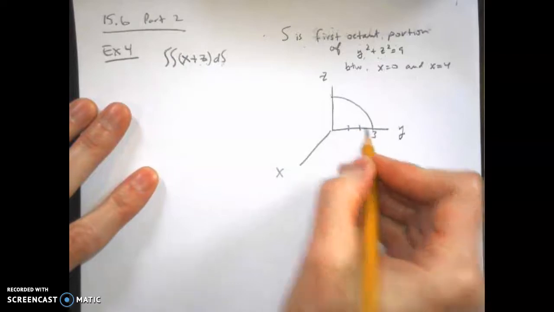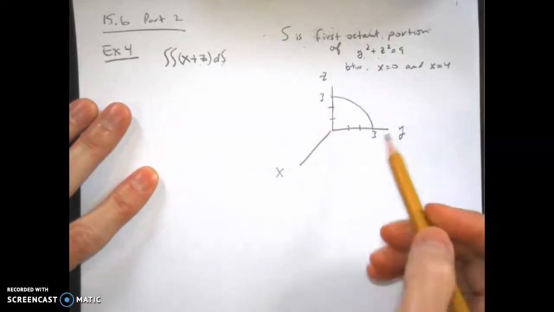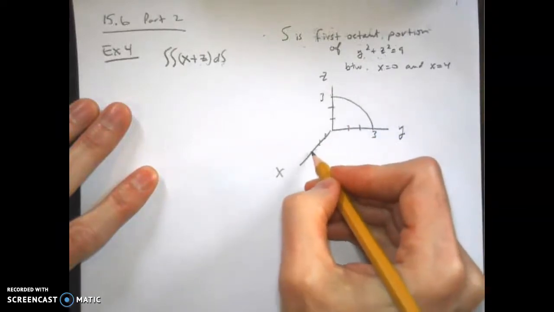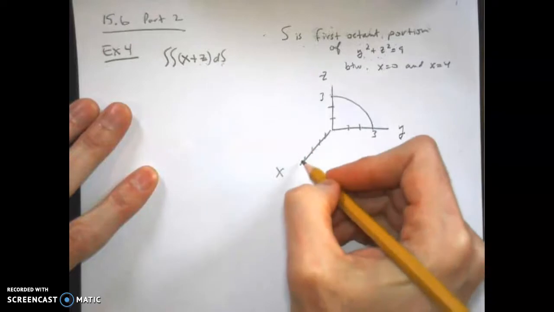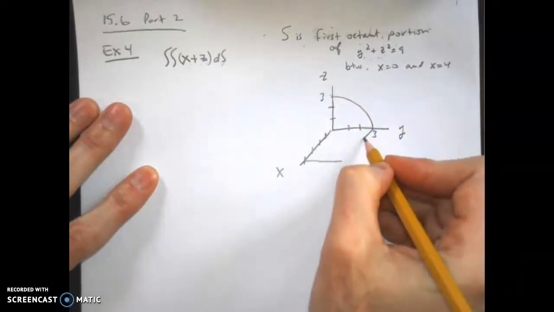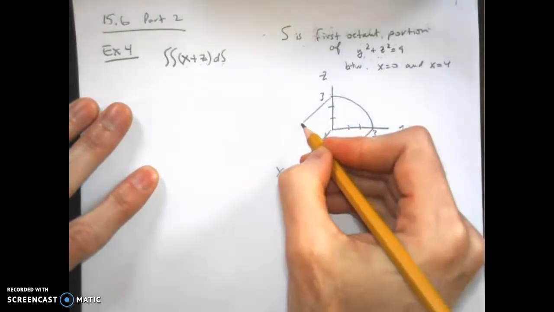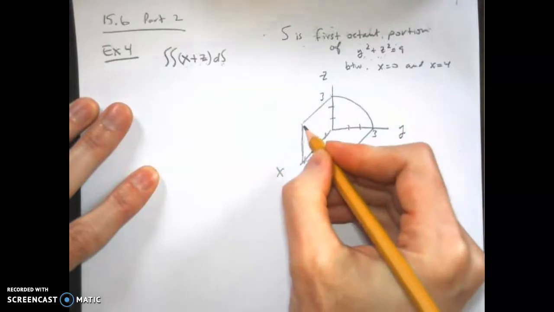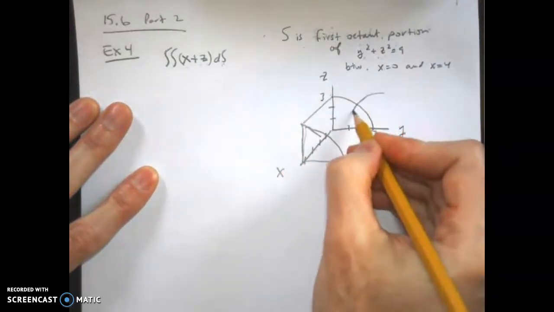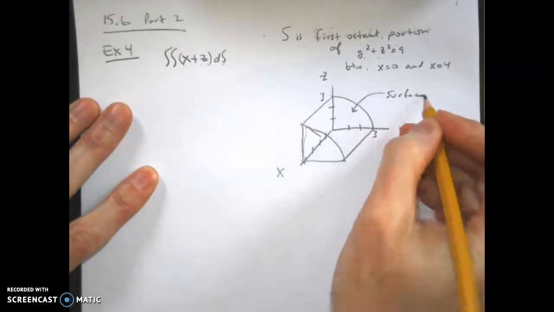We just want the first octant portion, where x, y, and z are positive, and x goes from 0 to 4. So we've got this sort of shape here, and this right here is your surface.